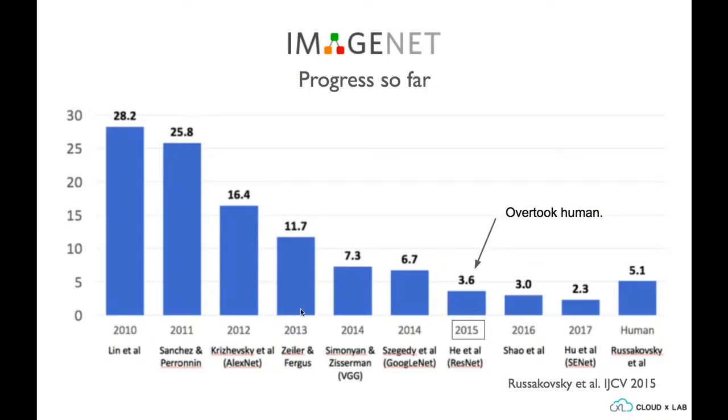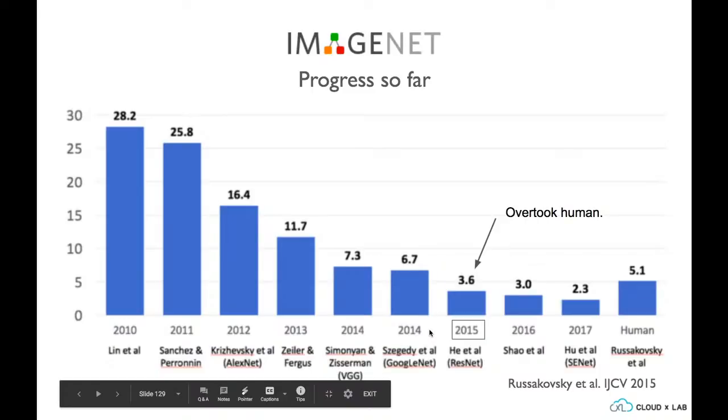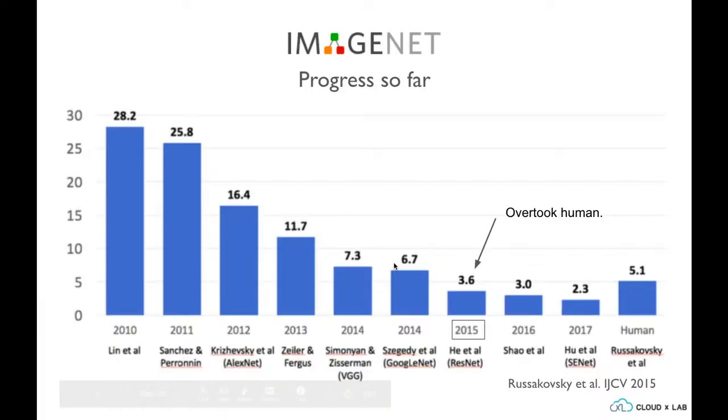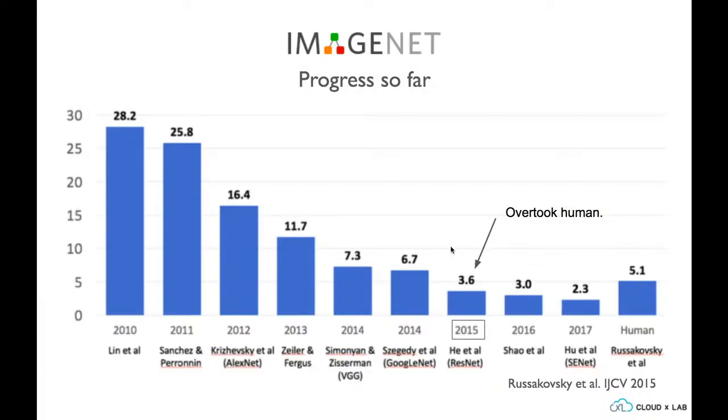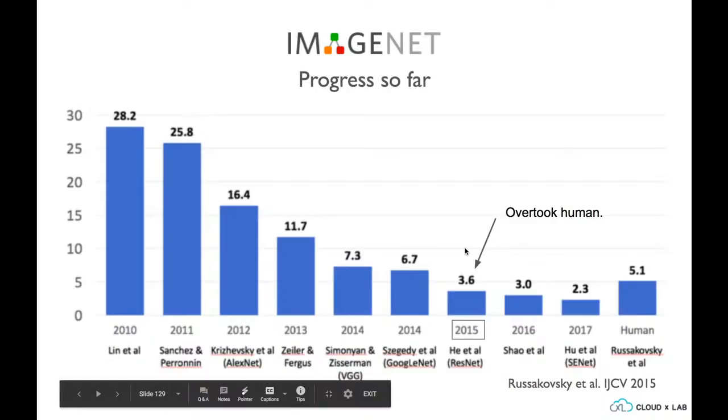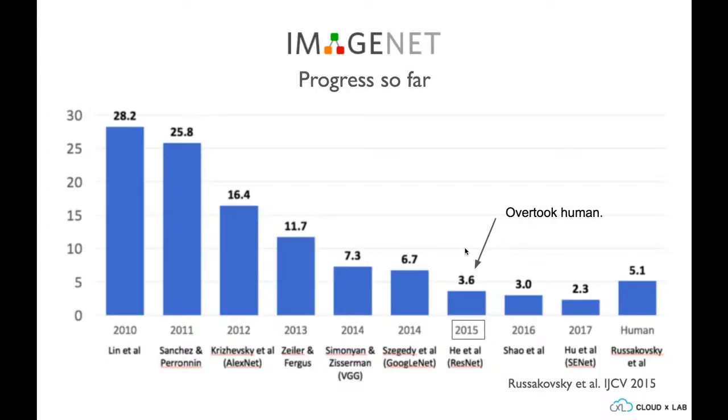And in 2014, the error rate dropped to 6.7. Now this was the remarkable event in the history of deep learning. This was the remarkable point. In 2015, computer vision or neural networks, the deep learning, overtook humans.